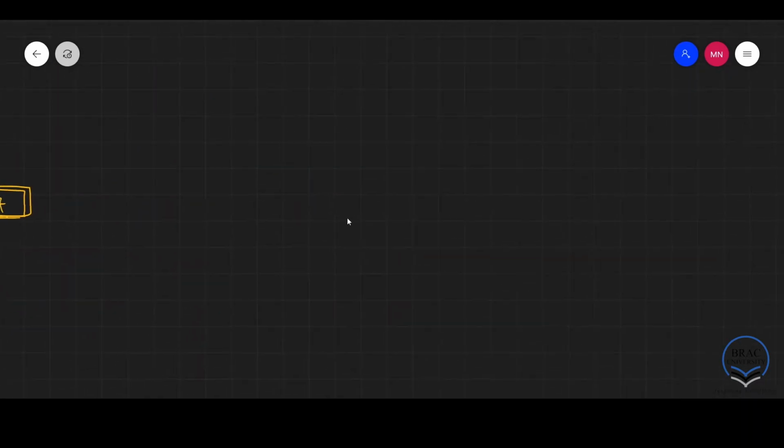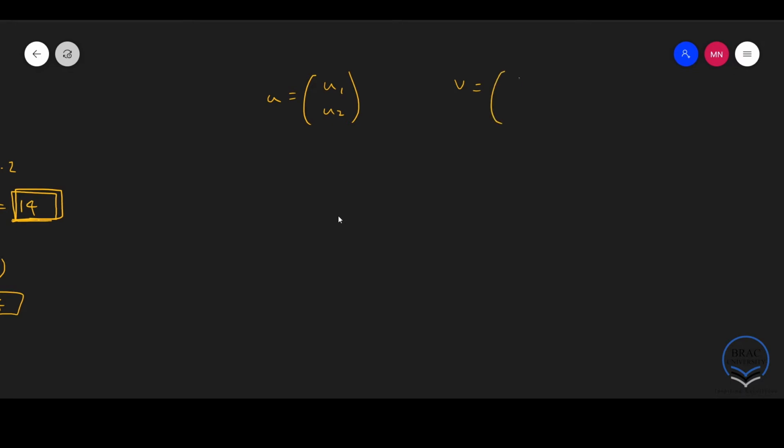In the general case, if I have a vector u with components u1, u2, and another vector v with components v1, v2, then u dot v gives me u1 v1 plus u2 v2. If I interchange the order, I have v dot u, which is v1 u1 plus v2 u2.